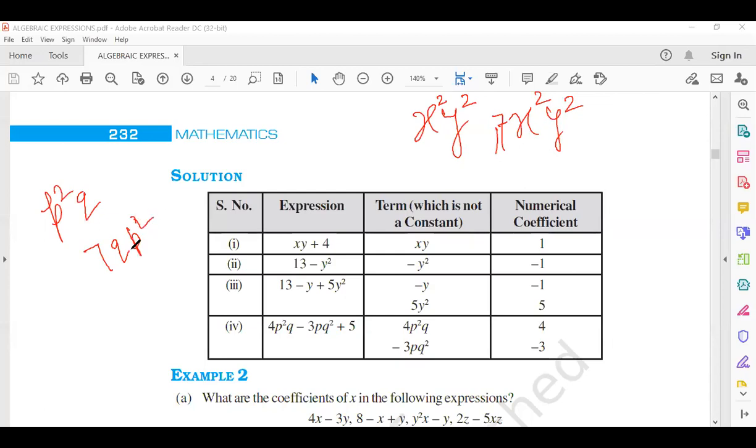Are these terms like? Like terms. Both are like or unlike? Like. Then the next pairs: unlike, unlike, like terms.